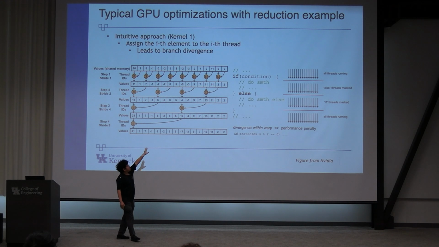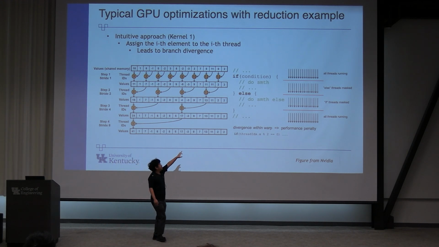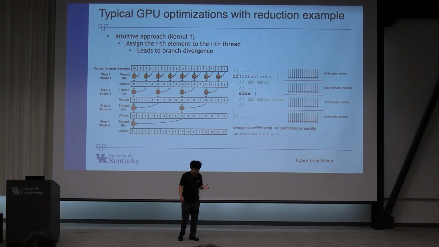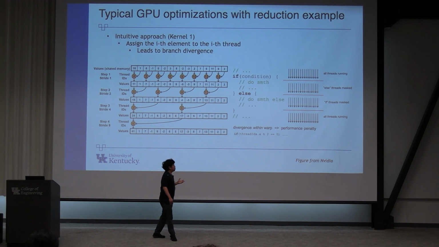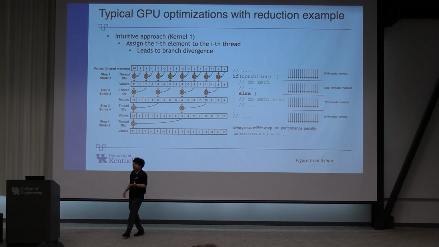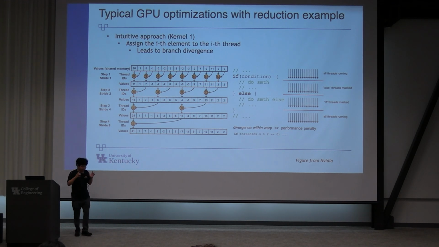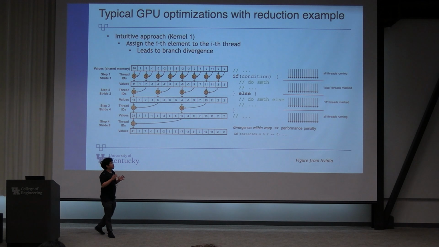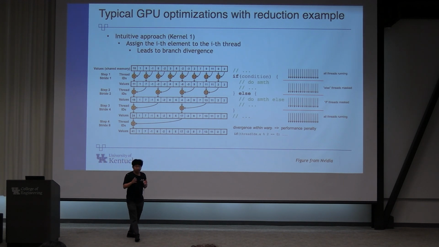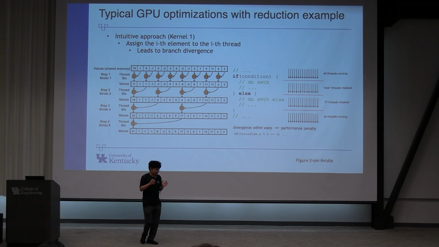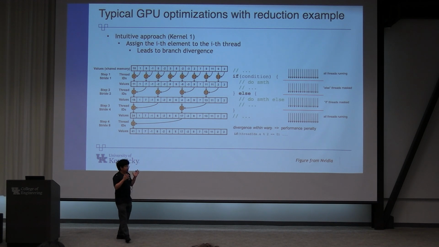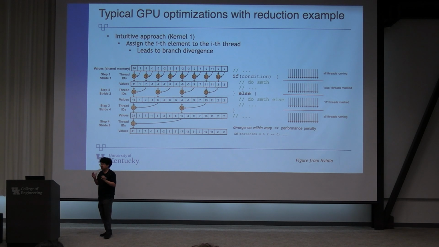If you have this kind of branch, that is to say, for some of the threads you need to do something and for the other threads you need to do something else, this kind of divergence inside a warp will lead to double the execution time because a portion of the threads will be masked due to the different instructions. Inside a warp, all of the threads have to execute the same instruction.